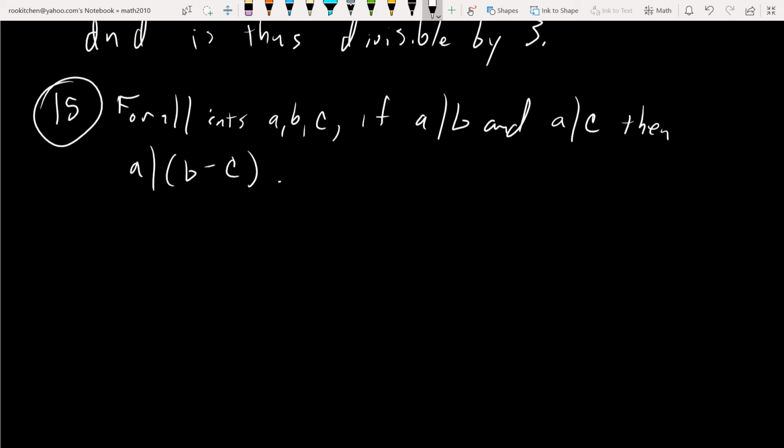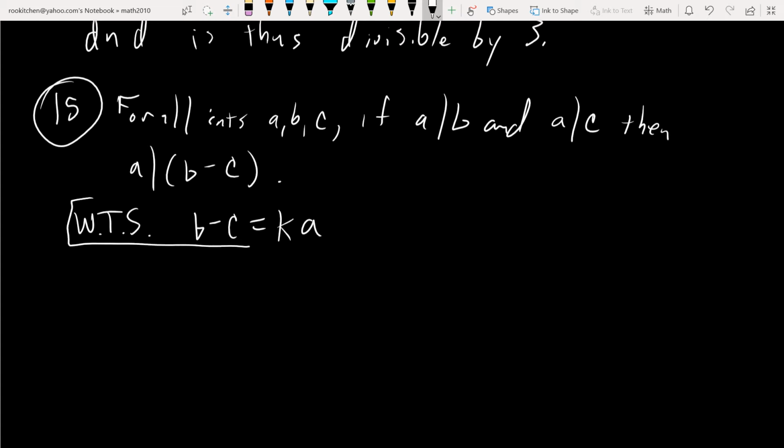We want to show that. A lot of teachers will write WTS, want to show. It'll be sufficient to show that b minus c equals k times a, where k is some integer, and that'll prove that a divides b minus c.